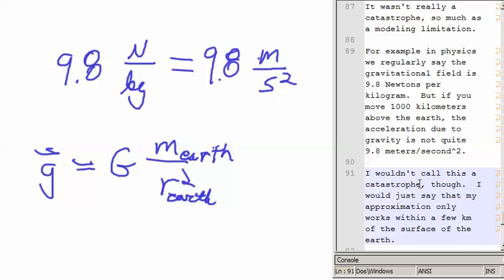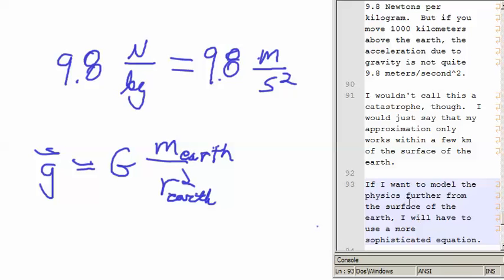But I wouldn't call this a catastrophe, though. I would just say that my approximation only works within a few kilometers of the surface of the Earth. If I want to model the physics further from the Earth, I will have to use a more sophisticated equation.